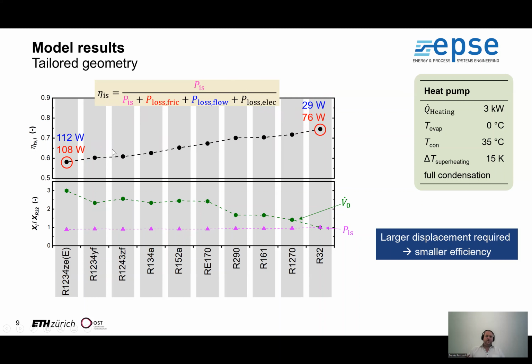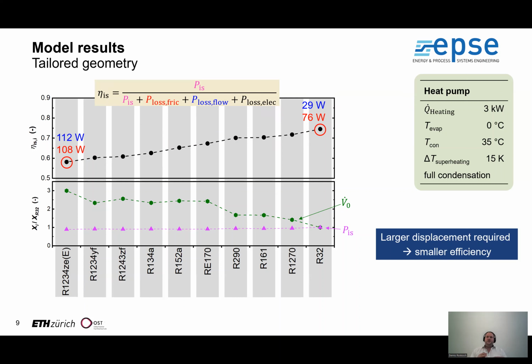And what you see is refrigerants that require a larger displacement have larger friction losses. I think that is clear, because the friction surface is larger. But these refrigerants also have larger flow losses.